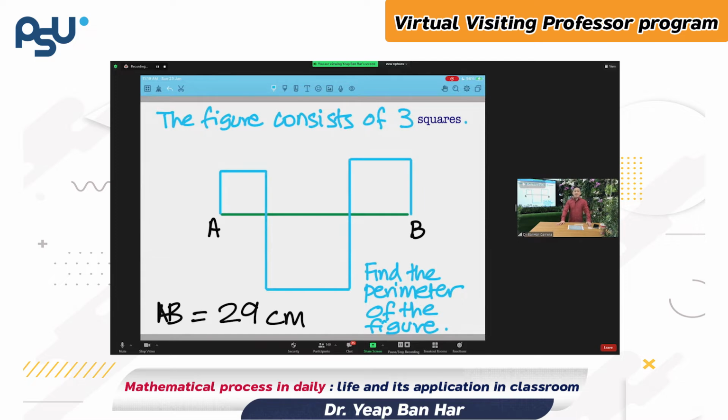What I want to now demonstrate is application in the classroom. Our topic today is mathematical process. One mathematical process is visualization. Visualization, we use it in our everyday life, as I explained to you.